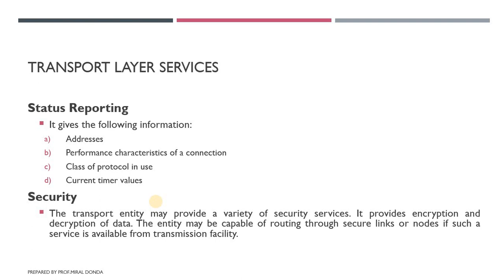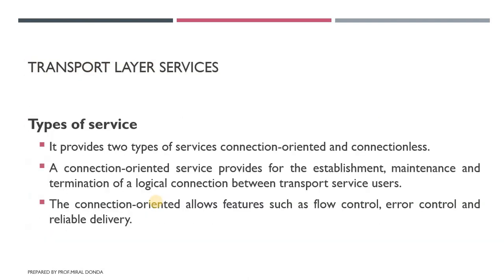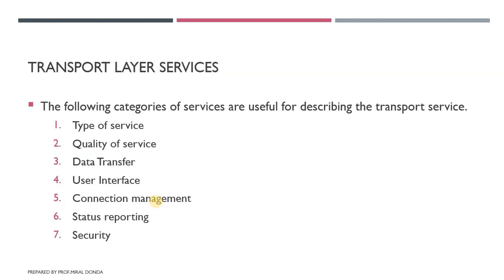At the time of the OSI model, I already said that if I want to secure my message, then we encrypt that message on the sender side, and that encrypted message is decrypted at the receiver side. So that functionality is provided by the transport layer services. So these are the main services of the transport layer.